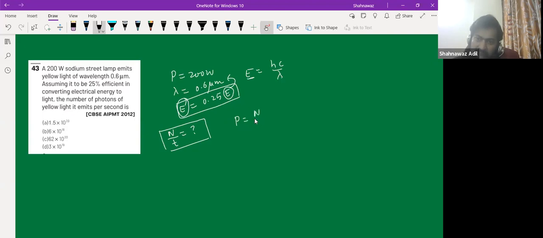Power is N by T times E prime. So you can calculate N by T using P by E prime. So now you calculate E prime from here, P from here, and then you'll get the answer.